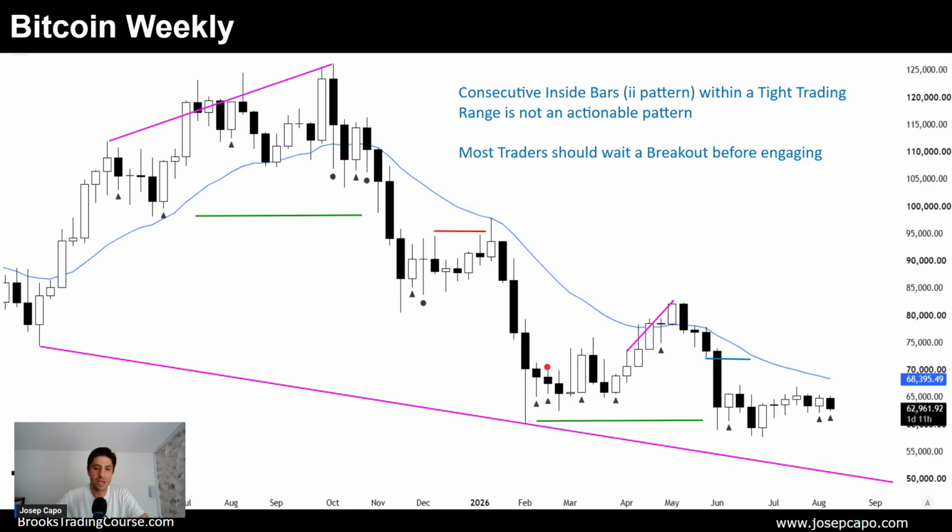Here this triggers a setup, either a continuation setup, 50% chance that the price will deliver a 2-to-1 reward to risk ratio on the downside for continuation, and 50% chance that the price will give a reversal of the same 2-to-1 reward to risk ratio. So that's a setup. But when we have this kind of pattern within a tight trading range, it's meaningless.